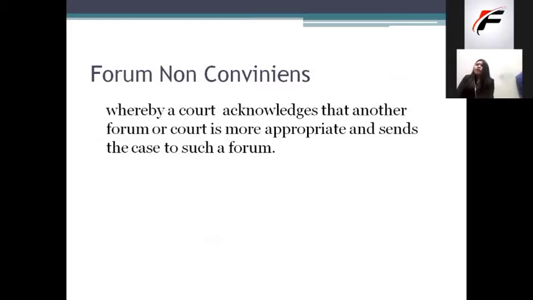Next is forum non conveniens, whereby a court acknowledges that another forum or court is more appropriate and sends the case to such a forum. So when a court accepts or receives a case and studies it, the court realizes and acknowledges that this court is not appropriate to handle this case.